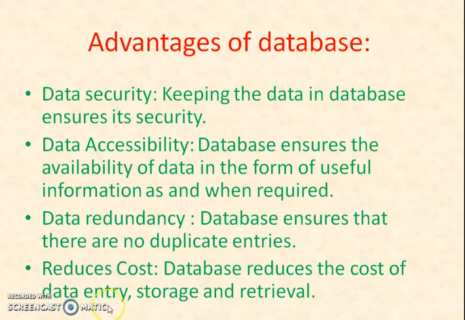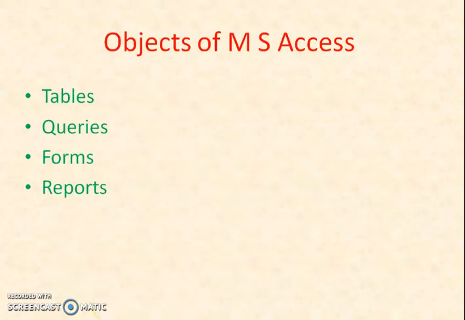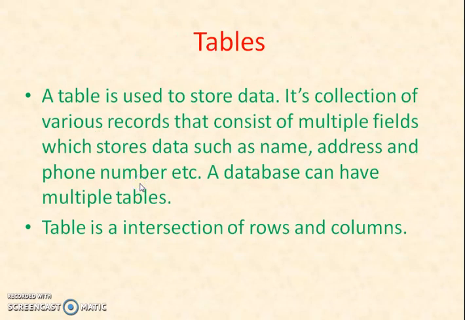Then next one, objects of MS Access. The main objects are tables, queries, forms and reports. Let's learn one by one. First one, tables. A table is used to store data.